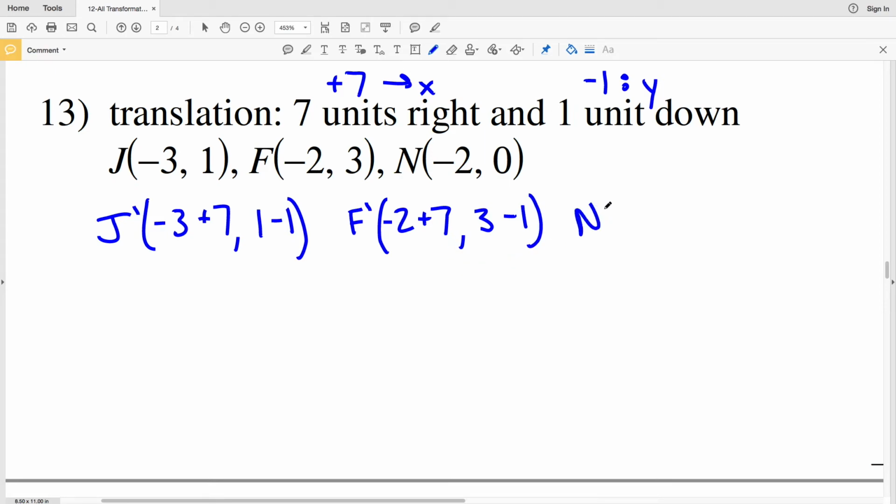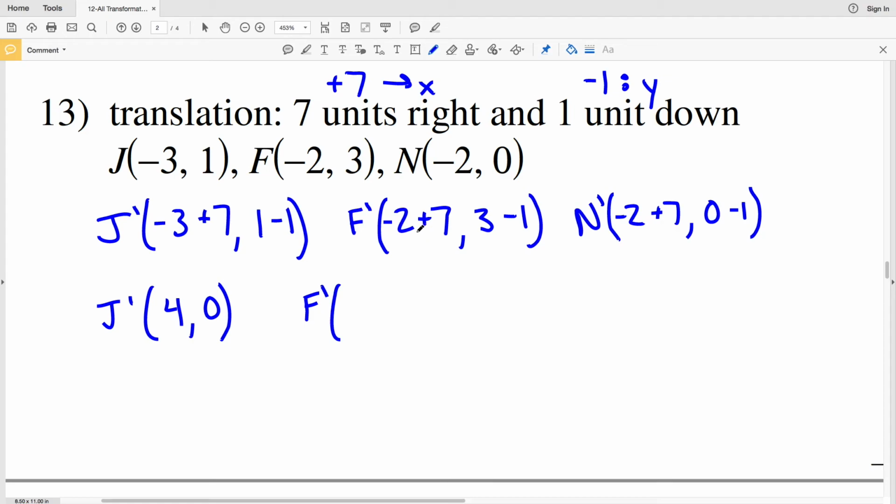And then lastly, the same for n. We're going to have negative 2, and we're going to add 7, since that's the x coordinate, and then we're going to take away 1 from 0 for n prime. So j prime, negative 3 plus 7 is 4, and 1 minus 1 is 0.